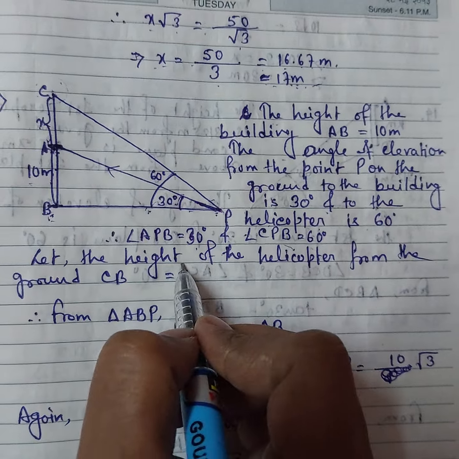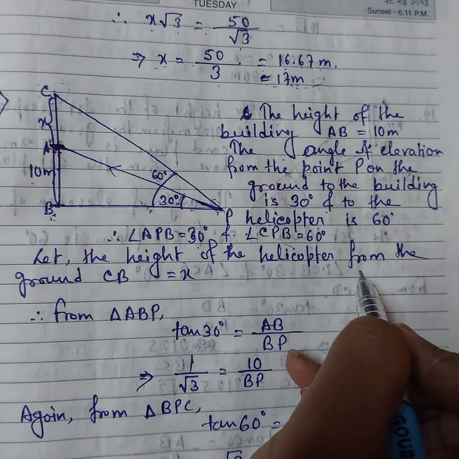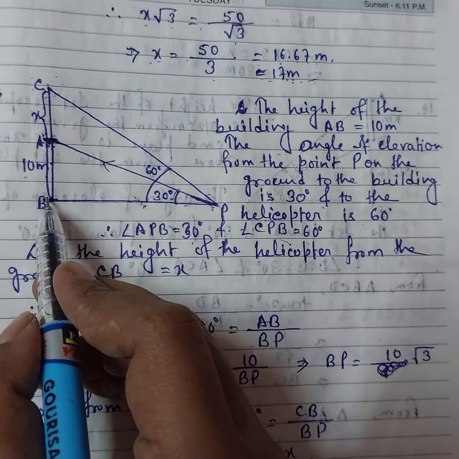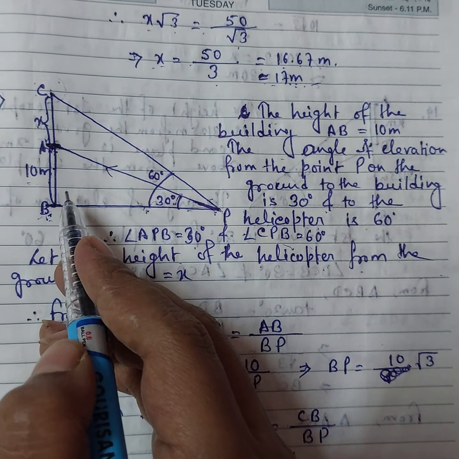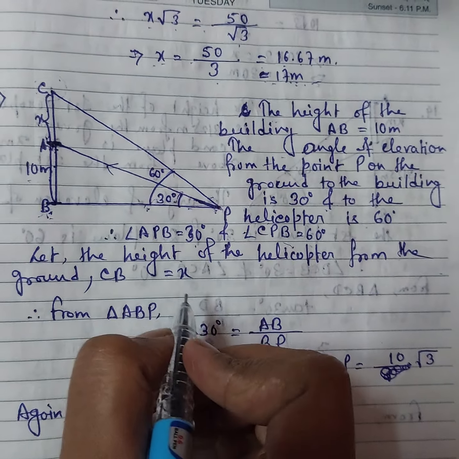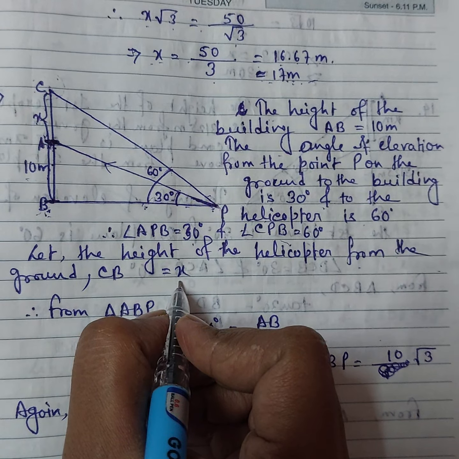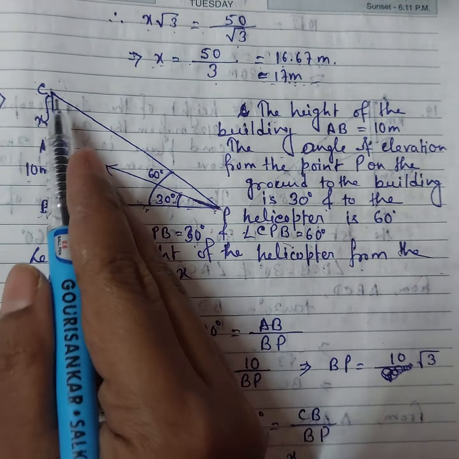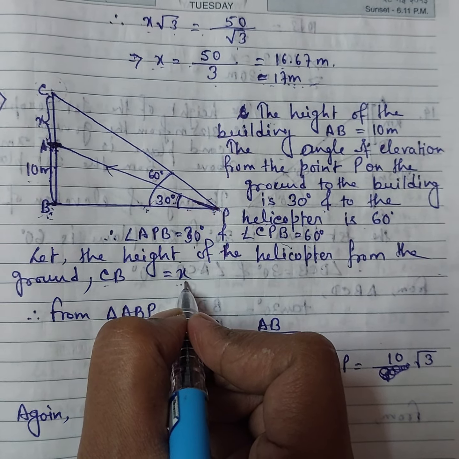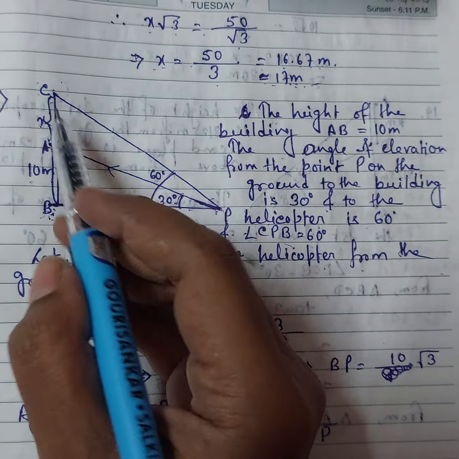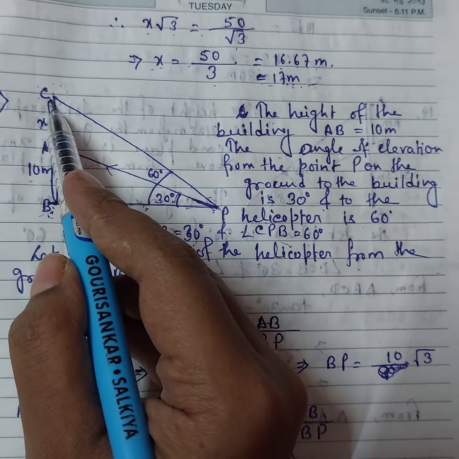Now let the height of the helicopter from the ground, CB, be x, since this helicopter is above the building.